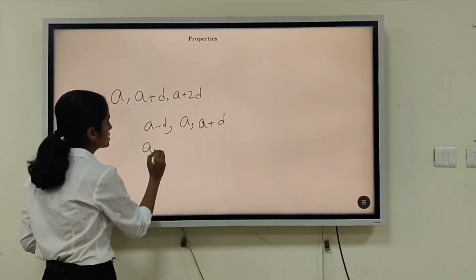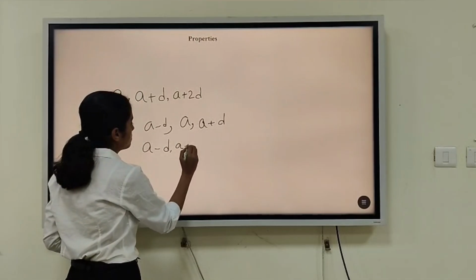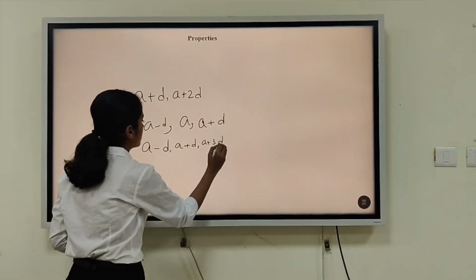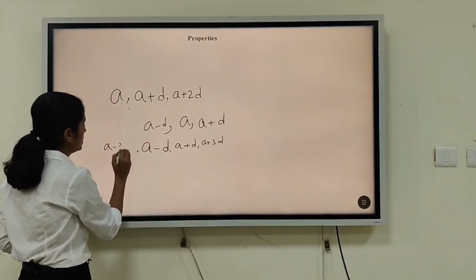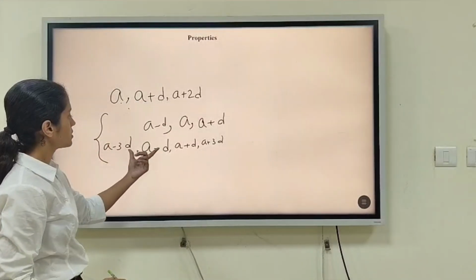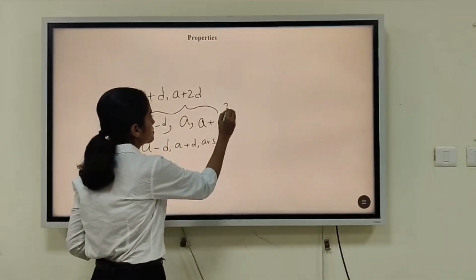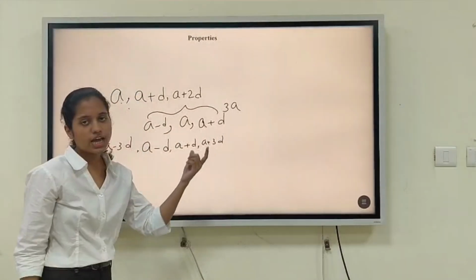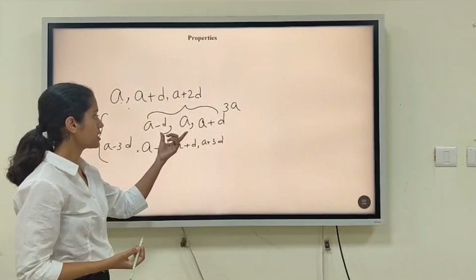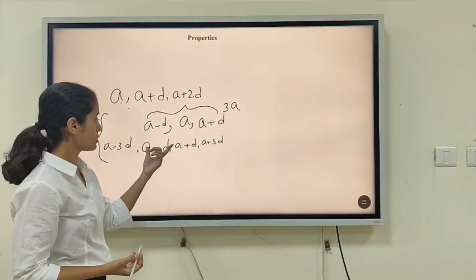Similarly, for four terms, we will consider a minus 3d, a minus d, a plus d, a plus 3d. We can take the other form as well, but this makes our calculation easy because after adding these three terms, we get 3a. So we have to solve only one variable. That's why we prefer to choose these as any three numbers in AP, and this as any four numbers in AP.